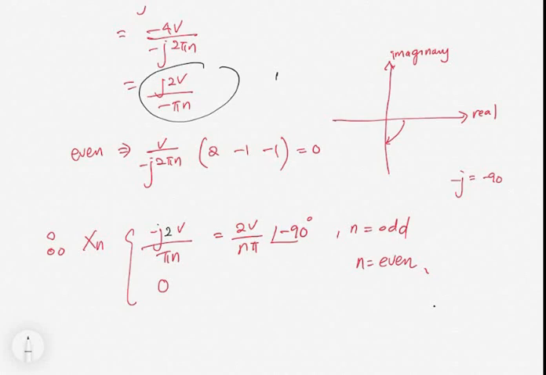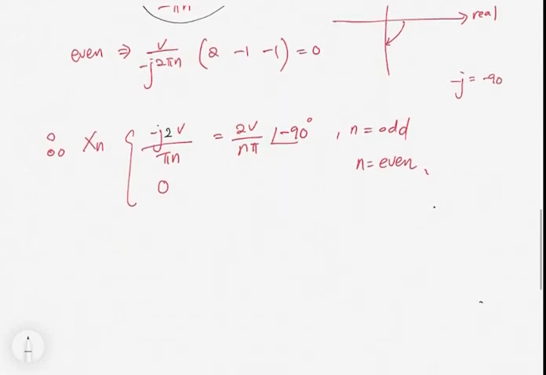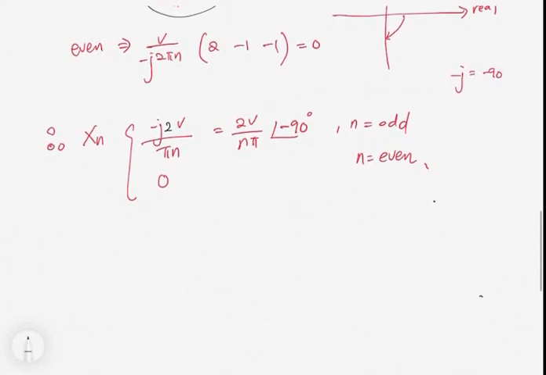Alright, next is to express in the exponential form. So xt you convert, xn you express in the exponential form. So there's again a formula. Xn exponent j omega naught nt.